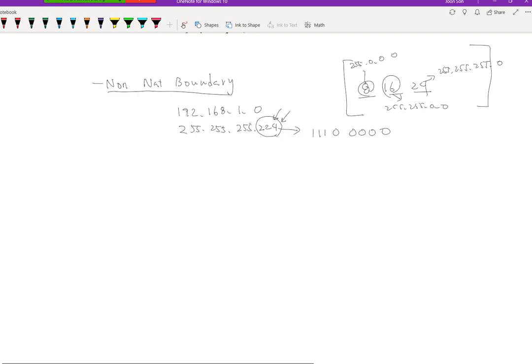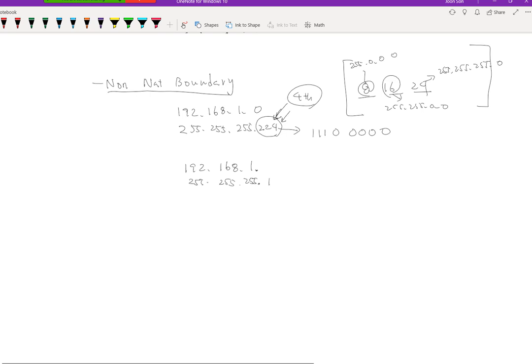Okay? So now, let's just do 192. I know that I have to pay attention to the fourth octet, right? So 192.168.1 dot, okay? And then this is like 255.255.255 dot, right?